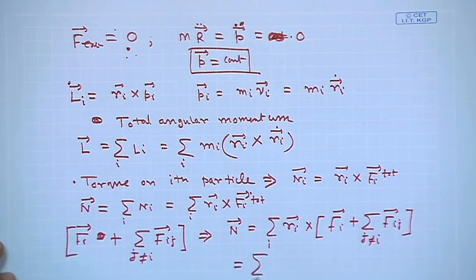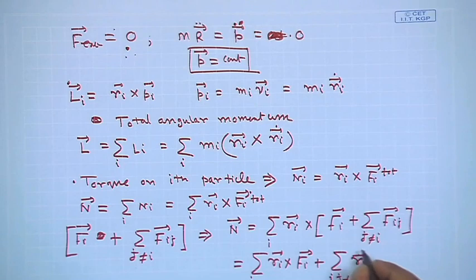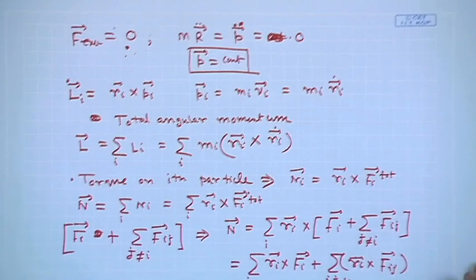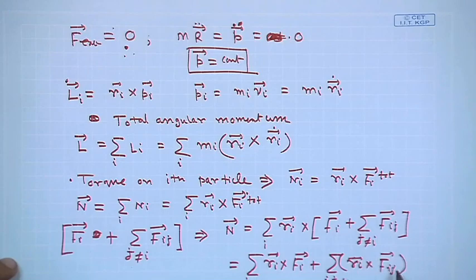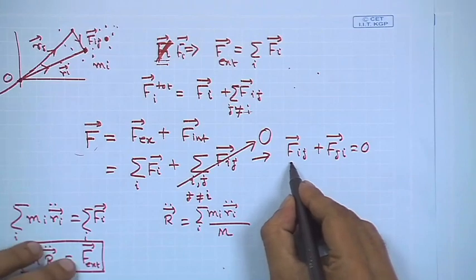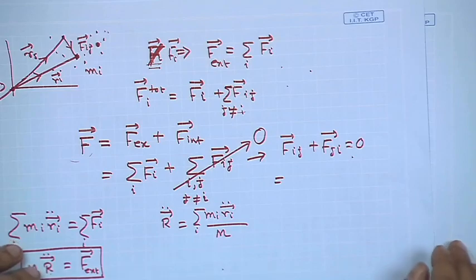So, we can break it into two sums: one is the sum of r_i cross F_i, being the external force on the ith particle, plus the sum over i and j not equal to i of r_i cross F_ij. Now, this F_ij, as I said, we can always break into the form F_ij minus F_ji. So, this can be done.